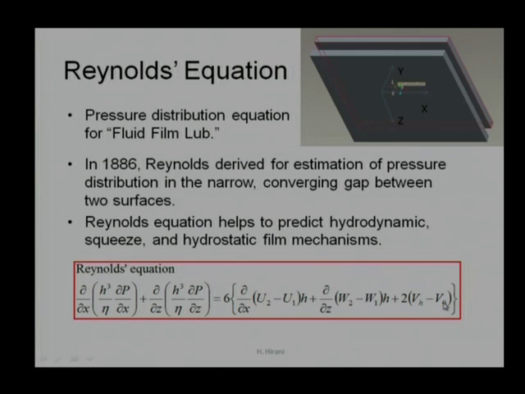We understand the Reynolds equation, but many times we wonder how this equation was derived and what are the assumptions which were considered when Reynolds derived this equation.